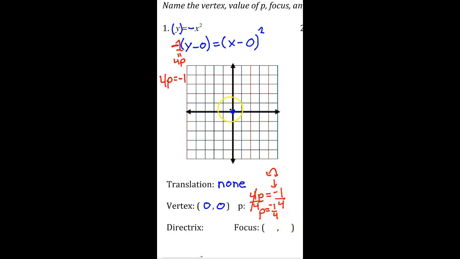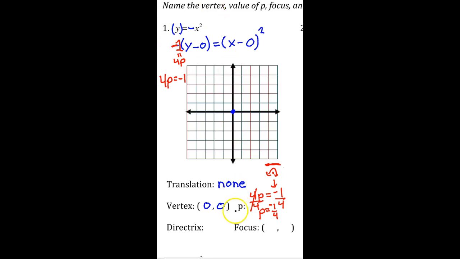Now, since this is opening down, this is very important, we need to know, from top to bottom, what is the correct order of these 3 points on the graph. These are all in the graph right here. Since it's opening down, recall that the directrix should be above and the focus should be below. So we go directrix, vertex, and then the focus.